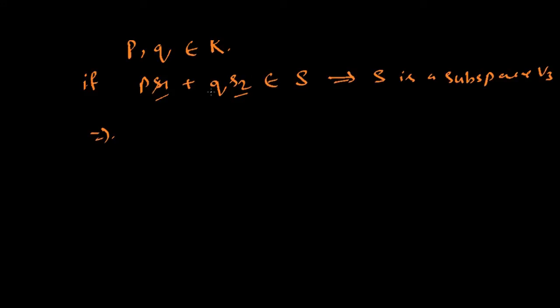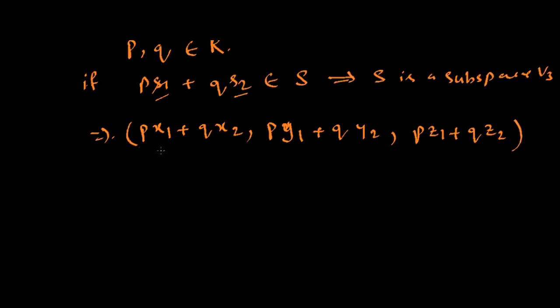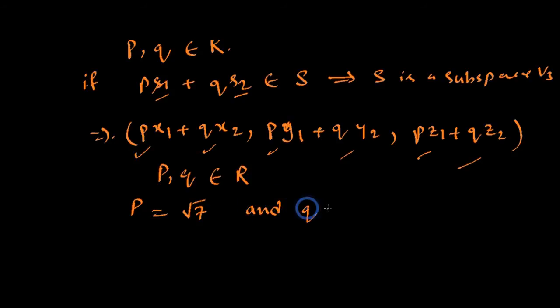On adding these two components, we get such an element. But look, P and Q are from the real numbers, and we can have any P and Q. What if I select P as root 7, or any other irrational number, and Q as maybe root 11?